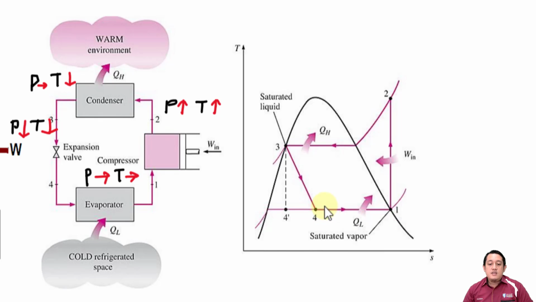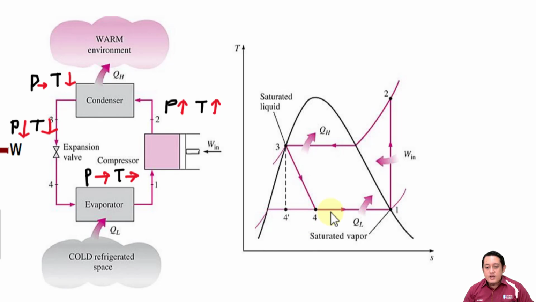This is why temperature constant, pressure also constant. And this is also where the QL, which means the heat from the lower temperature region, will be absorbed by this refrigerant. So QL here, and then it will change to 100% gas. And then the cycle will continue.